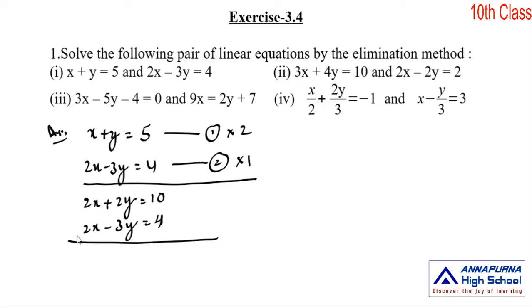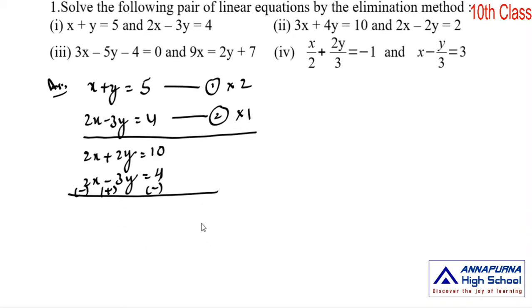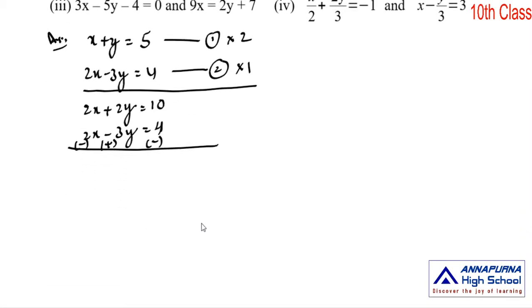When you do this subtraction, you change the signs of every term in the second equation. Why? Because we are doing subtraction. When you subtract one number from another number, you simply add its additive inverse to the first number. Basic point.